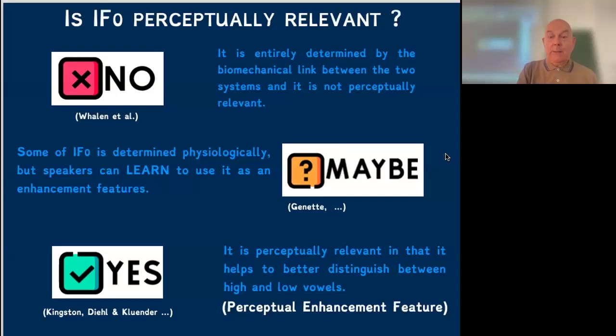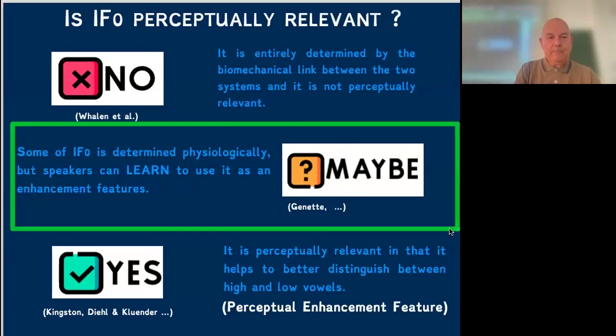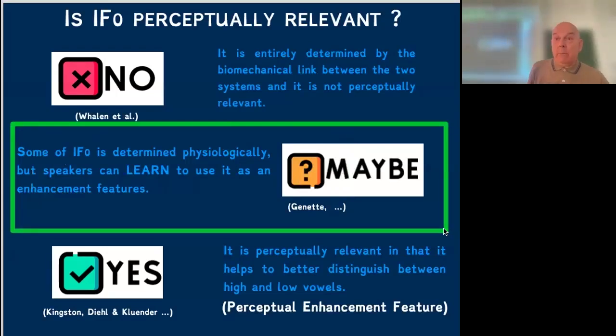And then there's the intermediate point of view here, that, yeah, maybe it is perceptually relevant. Let us look for evidence that we can conclude at some point what is going on. Because, of course, these 2 points of view don't exclude one another.